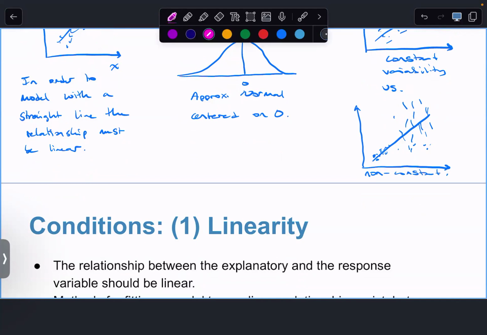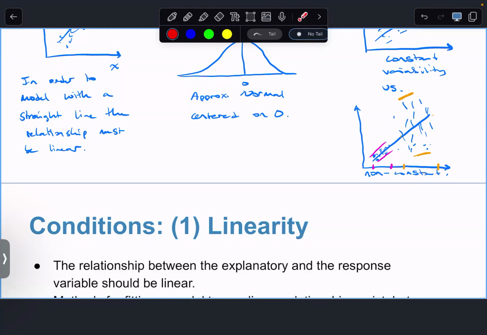The problem with using this line is the fact that I have very precise predictions down here for this range of X, right, is muddled by the fact that I have very imprecise predictions for this range of X. That's a problem, right?